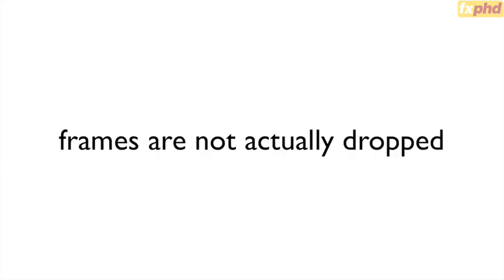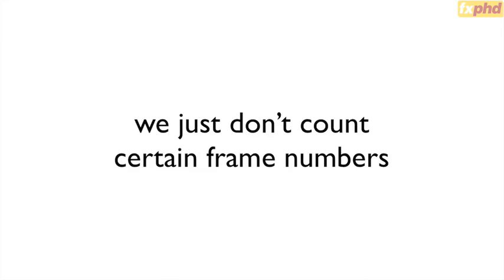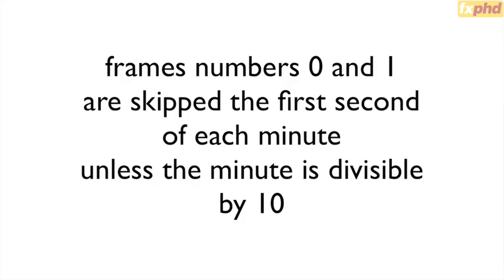And when we refer to drop frames, it's not actually dropping frames of video. Instead, it's skipping counting certain frame numbers. So timecode running at 29.97 frames per second will keep up with the actual clock. The way it works is drop frame skips counting frames 0 and 1 in the first second of every minute.